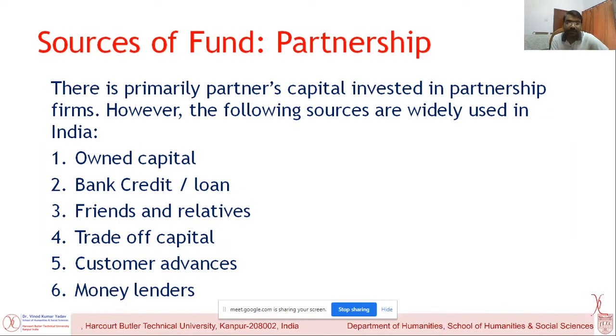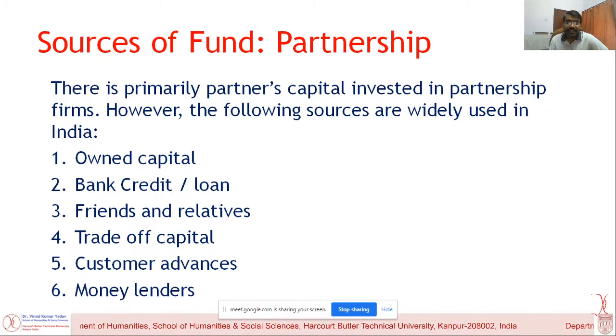Say for example, one sole proprietor has the capacity to take a loan of 10 lakh rupees. So 10 partners would become capable of collecting a pooled amount of 1 crore rupees for the partnership firm, considering that 10 lakh is the capability of each partner. So in this way, the sources of fund or finance increase almost 20 times.